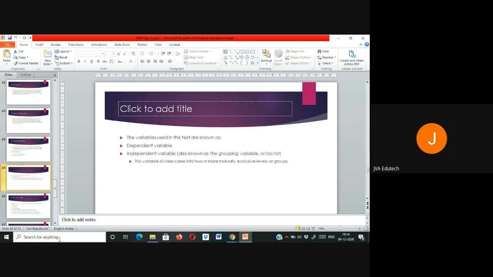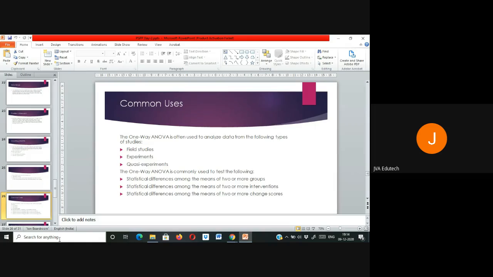The variables used in this test are a dependent variable and an independent variable, also known as the grouping variable or factor. And in the factor you have more than two cases, which are mutually exclusive of each other.